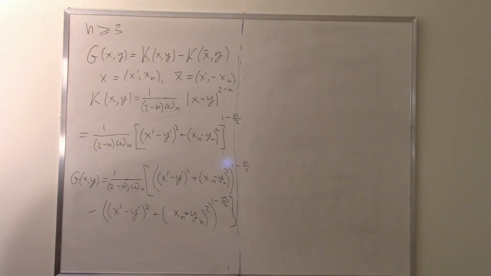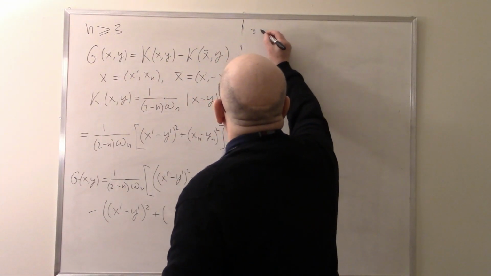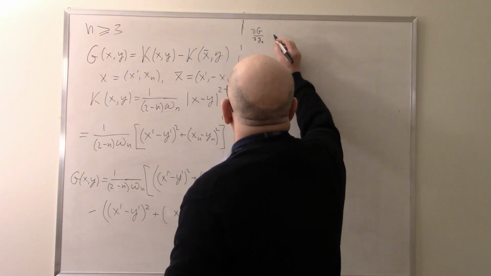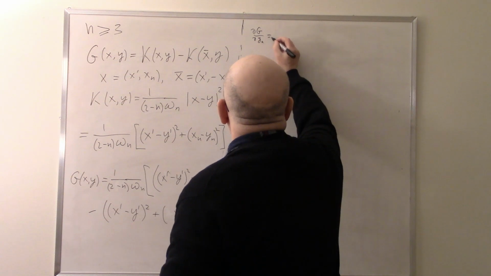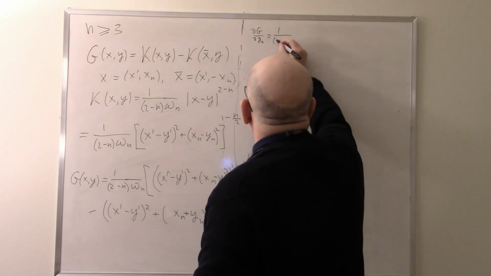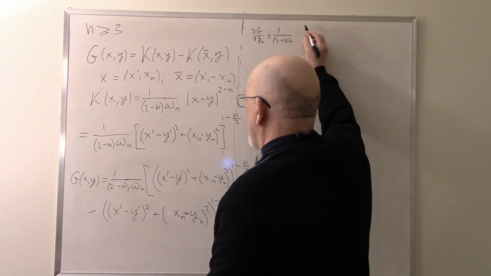So this is our function. Now we have to differentiate it with respect to yn. dg over dyn equals 1 over (2 minus n) omega n.